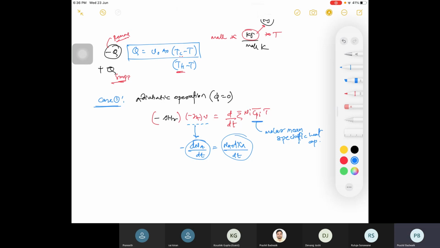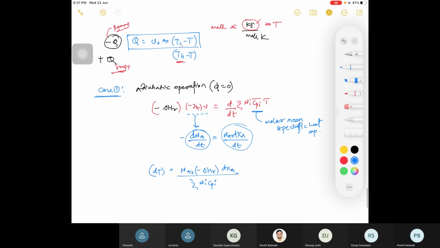So your equation in terms of dt is Na naught minus delta HR reaction at temperature T dXA divided by summation of Ni Cpi, right? Can you guys compare this with PFR? What has changed?